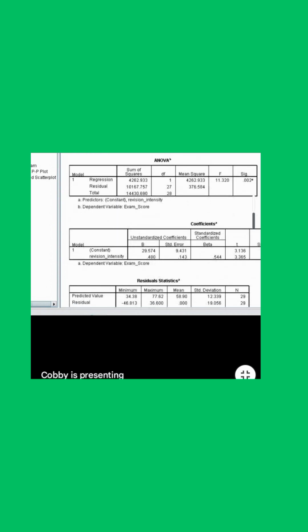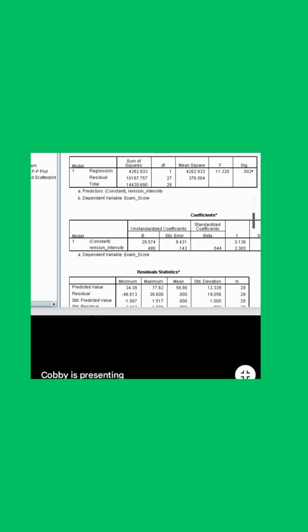Then you go to the coefficients table. This is the most important now for you to make a decision. So you look at, if all conditions are held constant, when the intensity of revision increases, the exam score is likely to increase by 0.48.